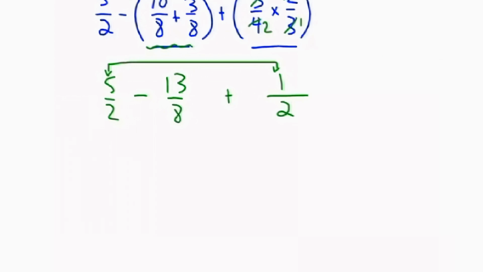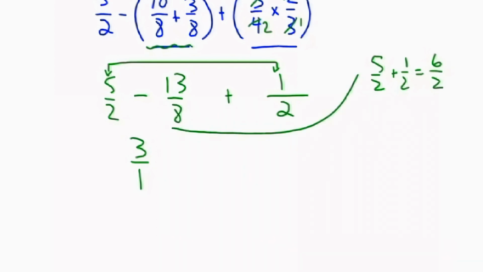So on the side here, 5/2 plus 1/2 is, because they already have a common denominator, going to be 6/2, which is 3/1. So here I'm going to have 3/1, and again, that's from here. That's combining the 5/2 and the 1/2 minus 13/8.